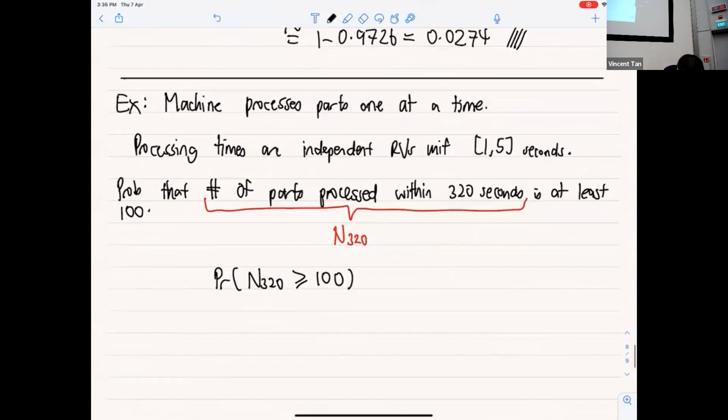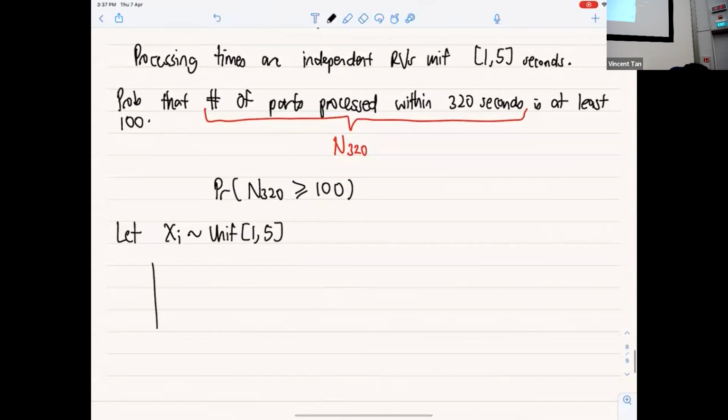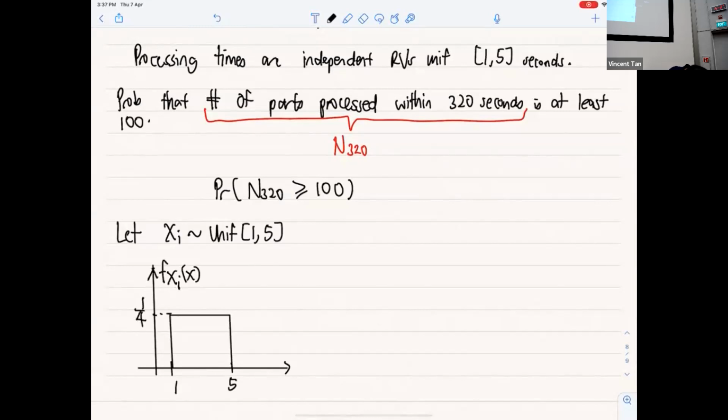Now, in order to compute or estimate this probability, let us make things a little bit more formal. Let xi be uniform from 1 to 5. So basically, it has this density, the probability density function, 1 over 4 between 1 and 5.